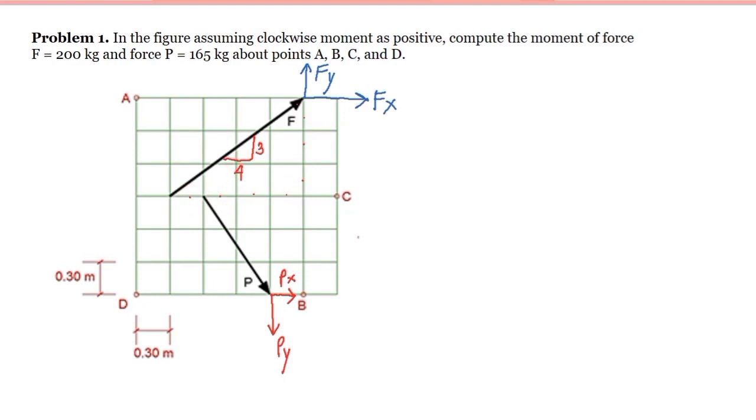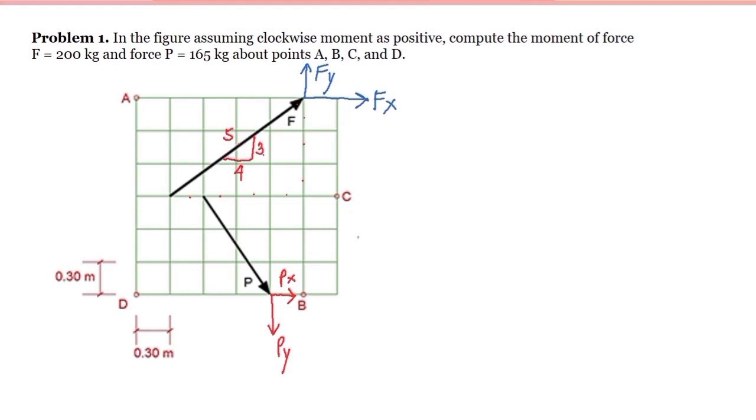So in order for us to determine the diagonal here, we will just be using the Pythagorean theorem. Since this is 3, 4, 5 triangle, without computing, we know that this is 5. So for the sake of the computation, we are going to compute the square root of the sum of the square of the sides, right?